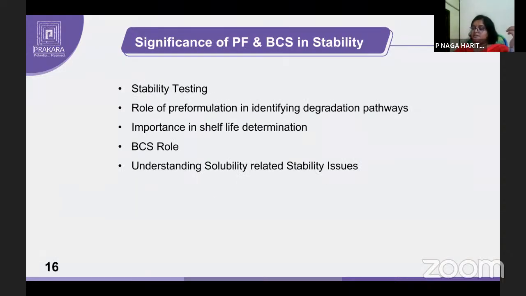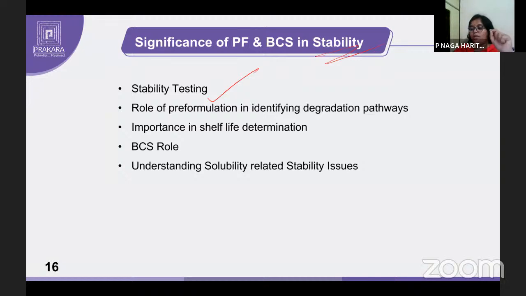Then coming to the significance of pre-formulation as well as the biopharmaceutical classification system, especially in stability. Both pre-formulation and the biopharmaceutical classification system play a critical role in stability testing as well as formulation development.